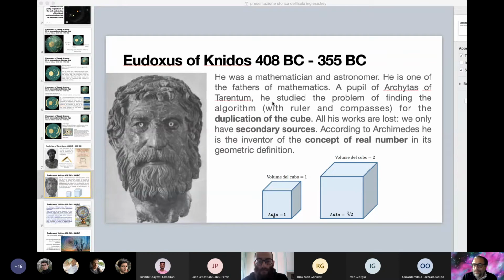He studied, now you must be very careful in understanding this, the problem of finding the algorithm using ruler and compasses for the duplication of the cube. All his works are lost, and we have only secondary sources. According to Archimedes, he is the inventor of the concept of real number in its geometric definition.